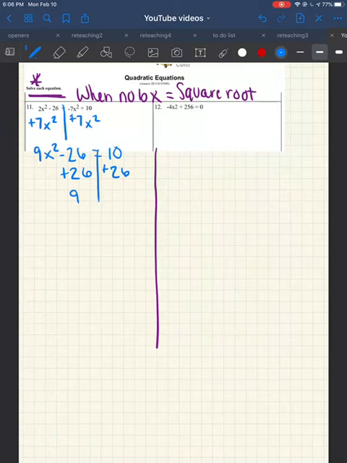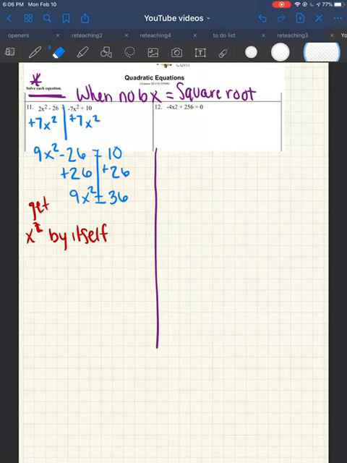Okay, I'll be left with 9x squared equals 36. Okay, my next step would be to get x squared by itself.